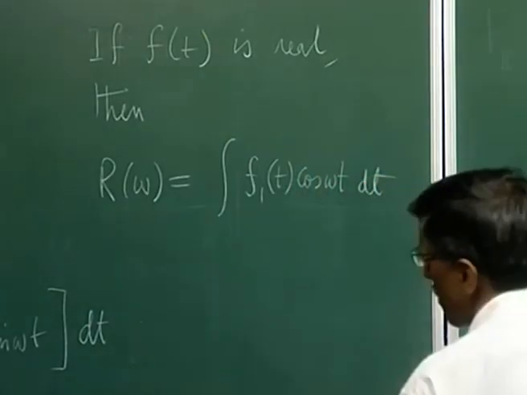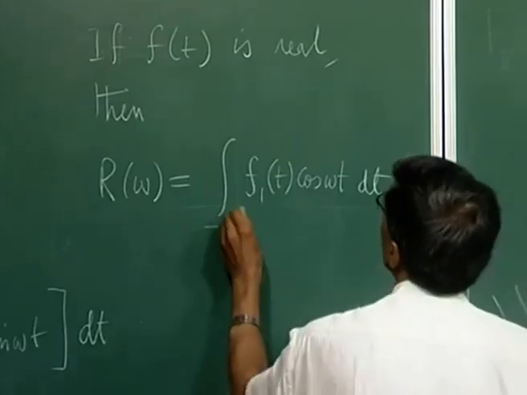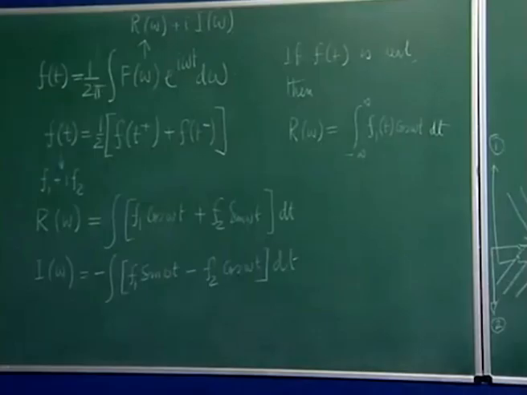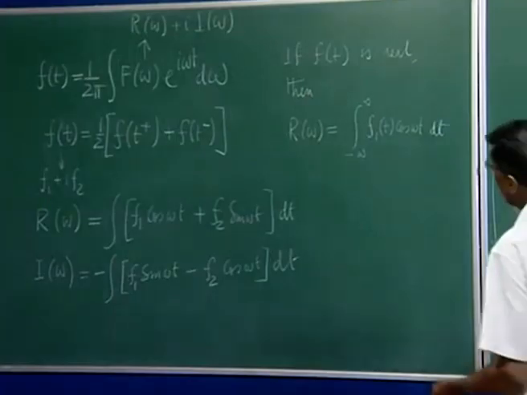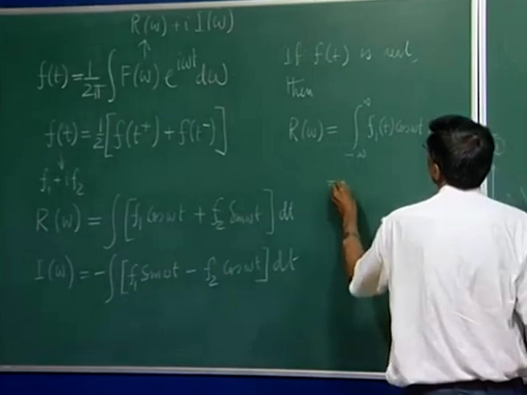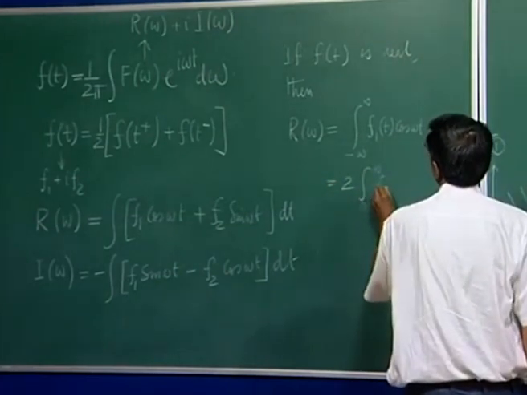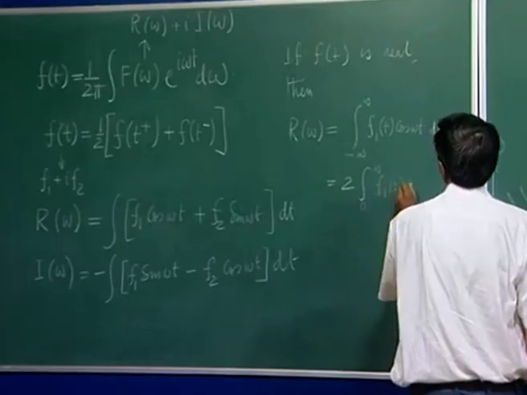And this integral is of course from minus infinity to plus infinity, right. Cosine function is what? Is it an even function or odd function? It is an even function. So, what I could do is I could just simply write it as 2 times the integral from 0 to infinity of f1 of t cos omega t.